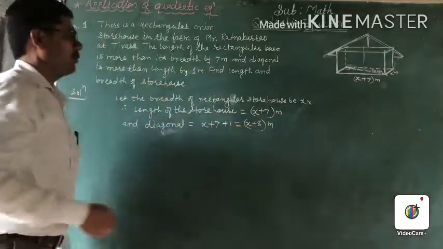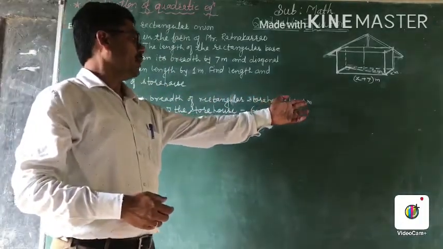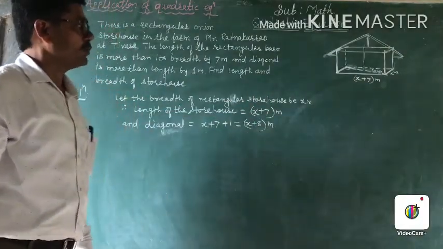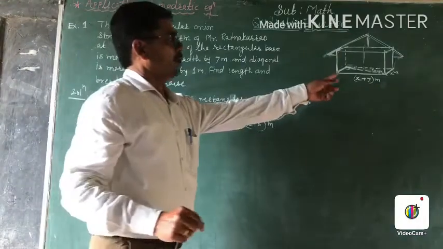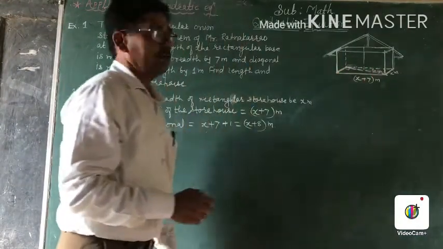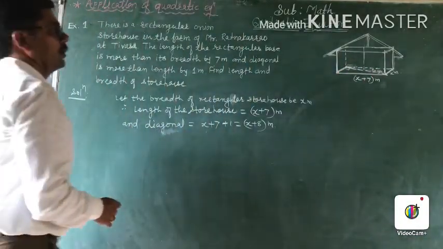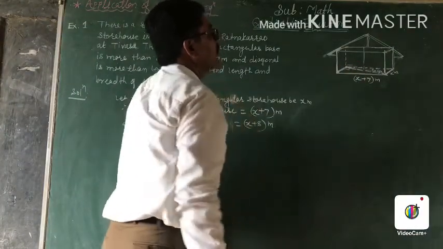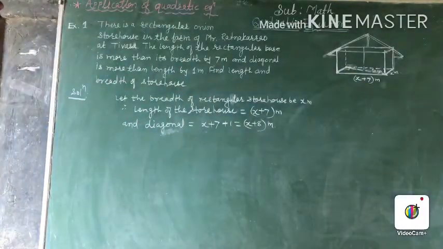Now here we have the breadth, length and the diagonal of the base of the storehouse. Now this is a rectangle. Therefore the triangle is a right angle triangle.